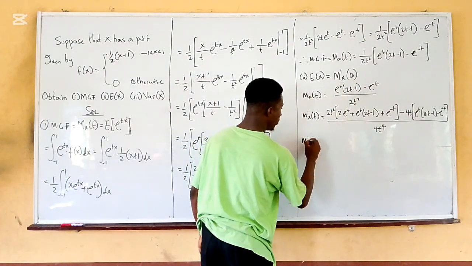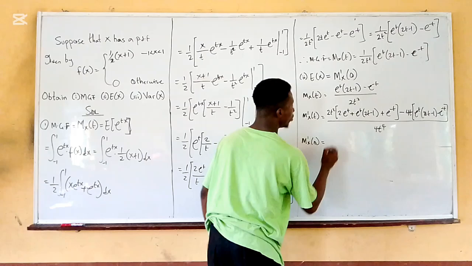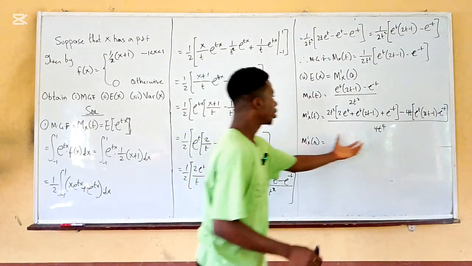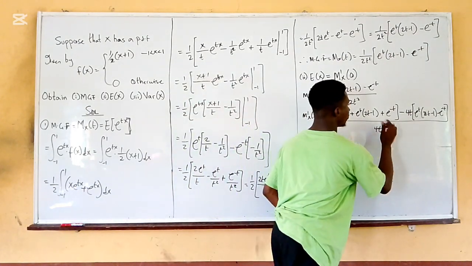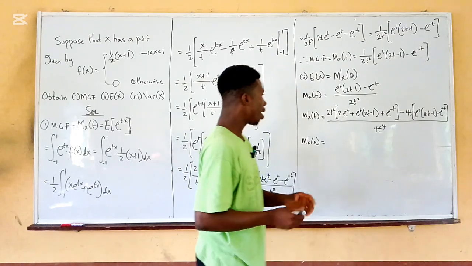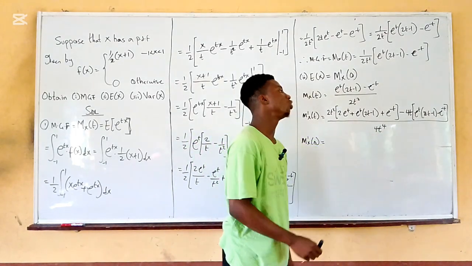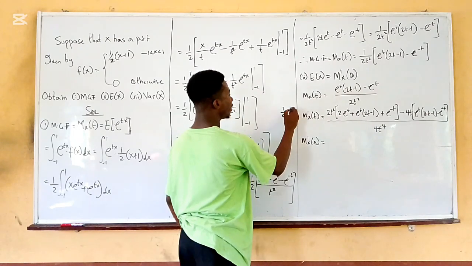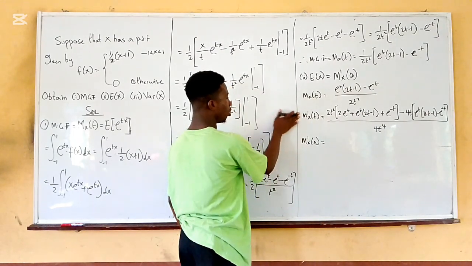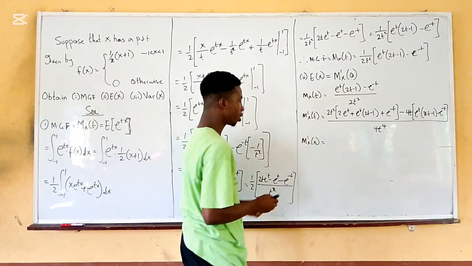Now, if I do M prime x of 0, you will notice that when I set t equal to 0, I'm going to have 0 at the denominator. And anything over 0 is what? Undefined or infinity, right?